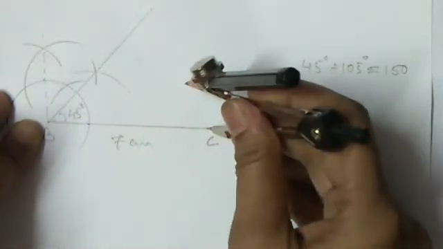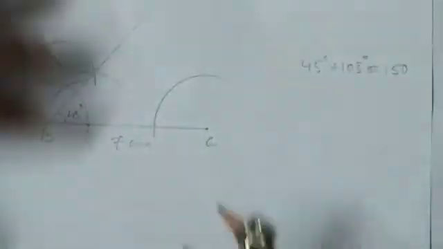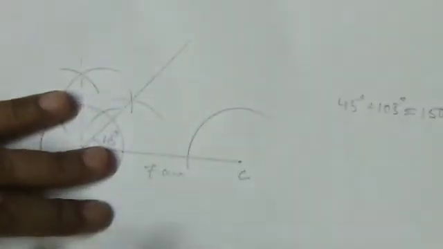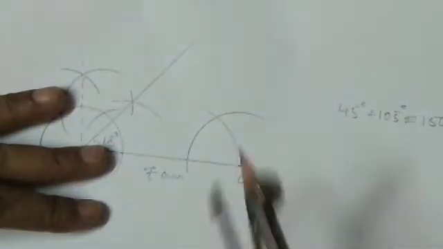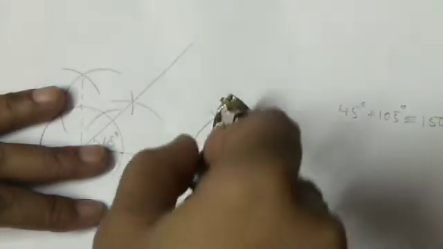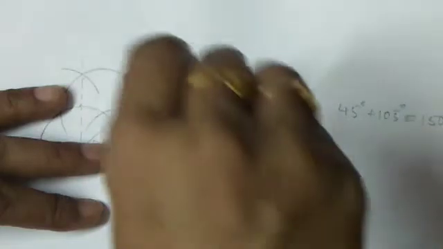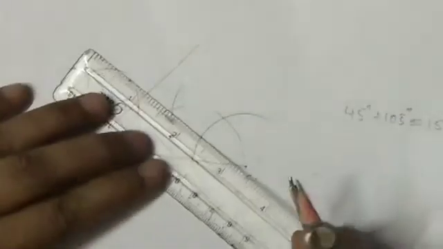This 30-degree you make over here. And how to make 30-degree? First you make a 60-degree angle with the same radius, you bisect, then you will get a 60-degree angle, and this 60-degree angle you bisect again. Here is a point that you join.